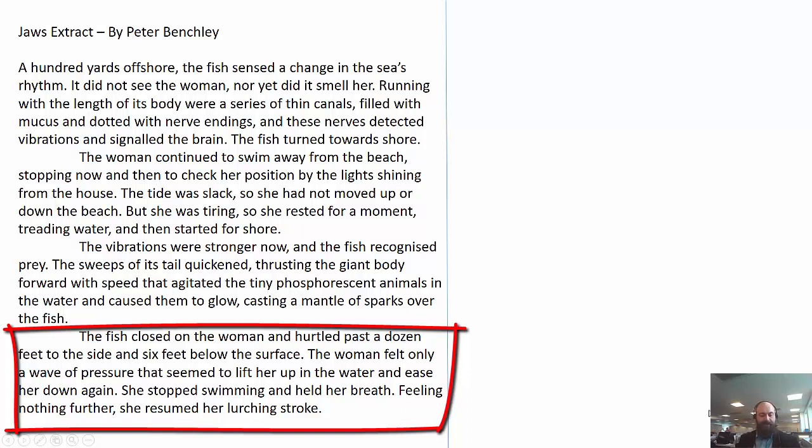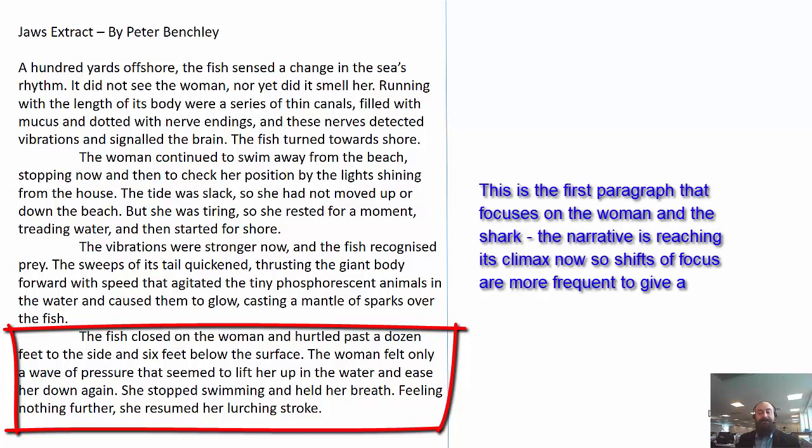And in this fourth paragraph, these really quick shifts of focus obviously make the action more frenetic. The slower shifts of focus, where you get a shift of focus in each paragraph, they build the tension, but these quick, frenetic ones have a more action-packed feel.